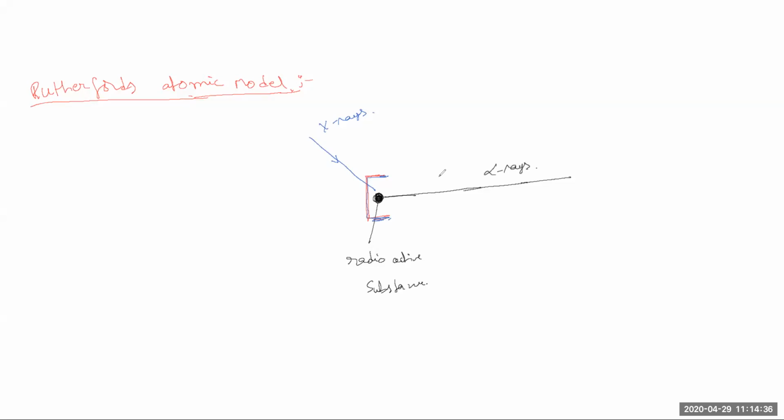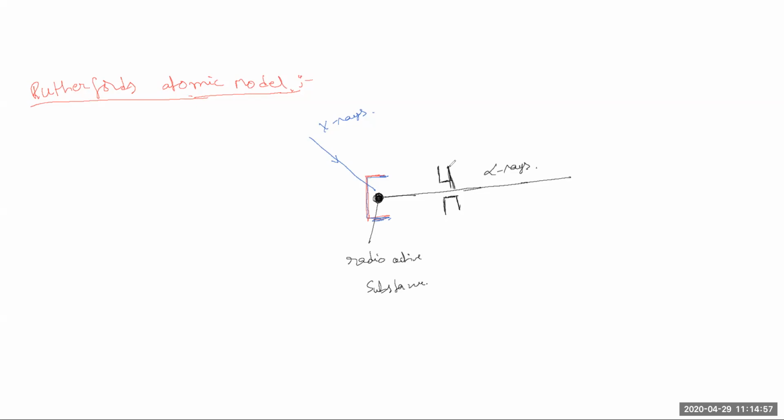These alpha rays are passed through a grating. Grating means focusing. What is the meaning of it? All the emitted radiations are focused on a particular point, not spreading in all directions. To avoid the spreading, one grating is placed.